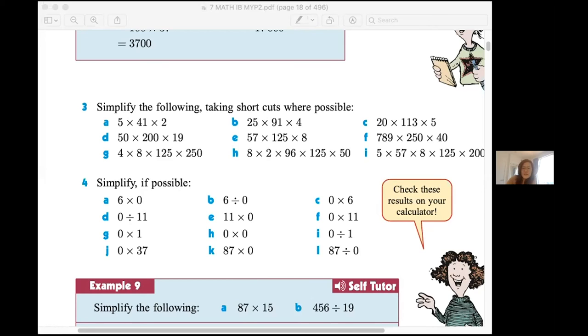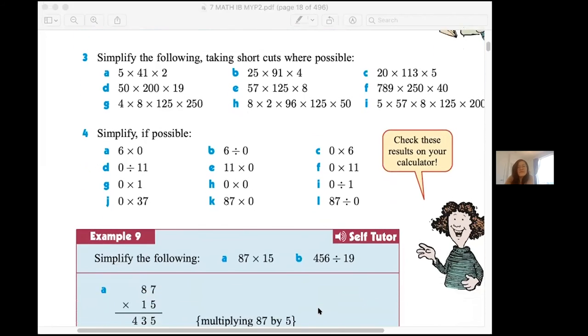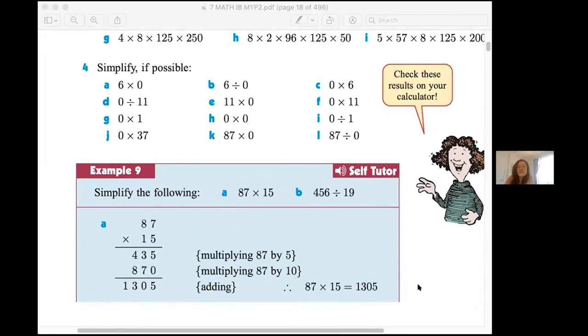Can you raise your hand? 9B. Okay, Angela, there you go. For number A, I got 1,305. Mm-hmm. And then for B, I got 24. Very good. 24.